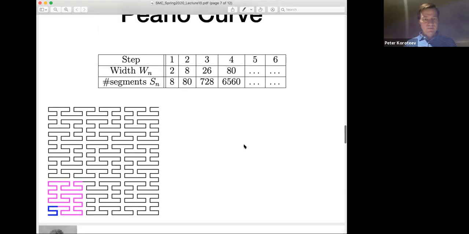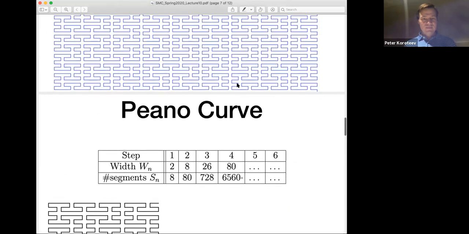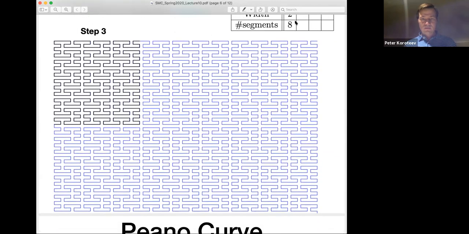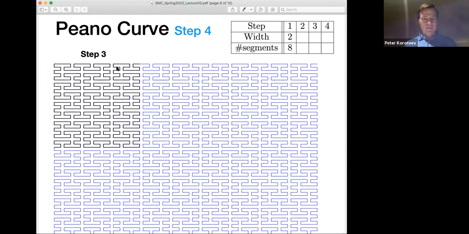So it will be here. The way you can count it is by, again, step 3 is written here in black, right? And you can see that the black square in step 3 fits 9 times in the blue square at step 4.